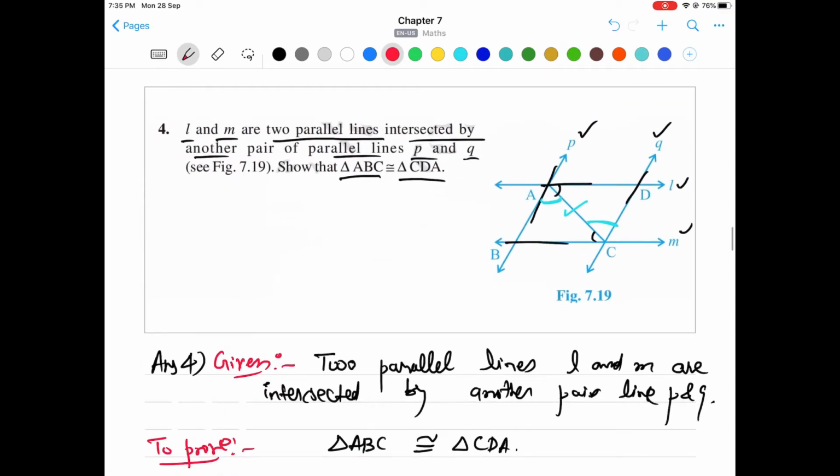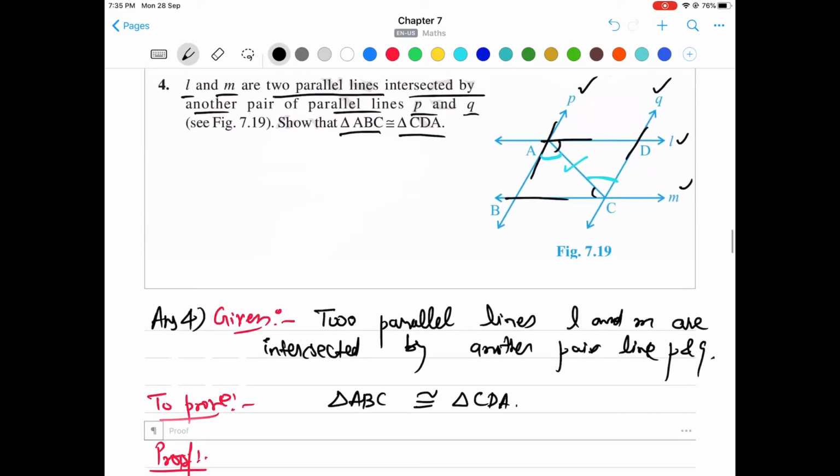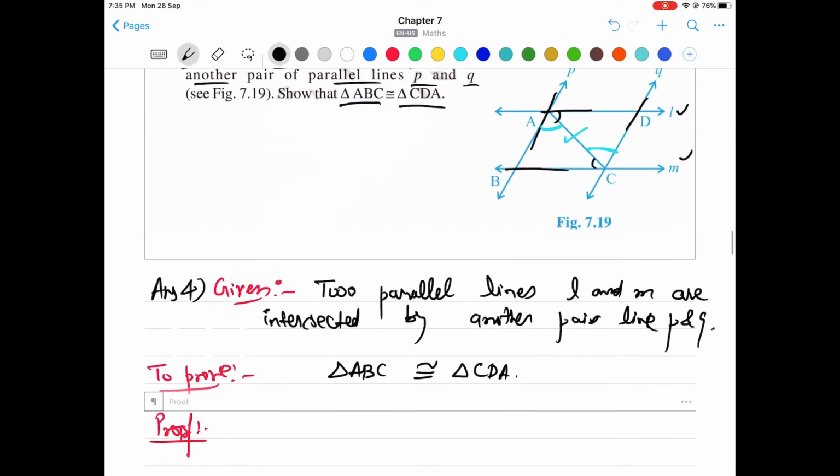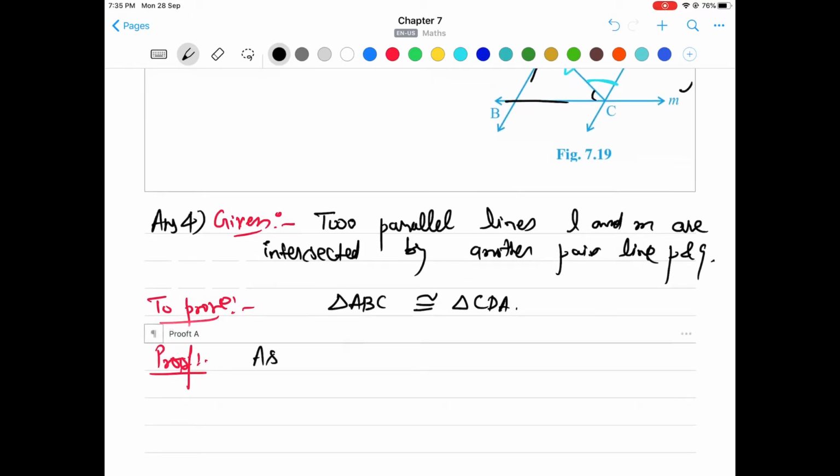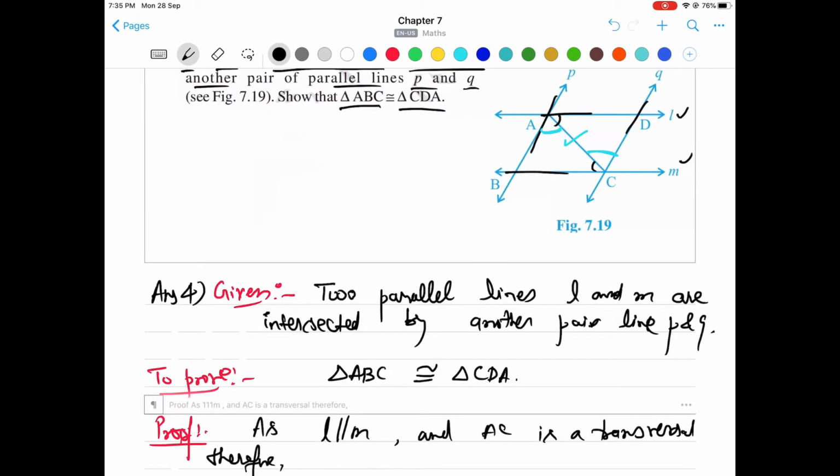Proof is, like I told, as lines L and M are parallel and AC is a transversal, therefore, we are taking L and M parallel, and then their alternate interior angles, these two angles, will be equal.